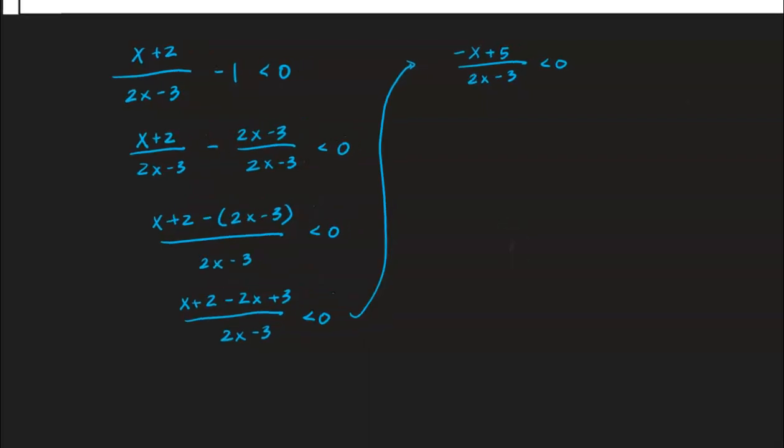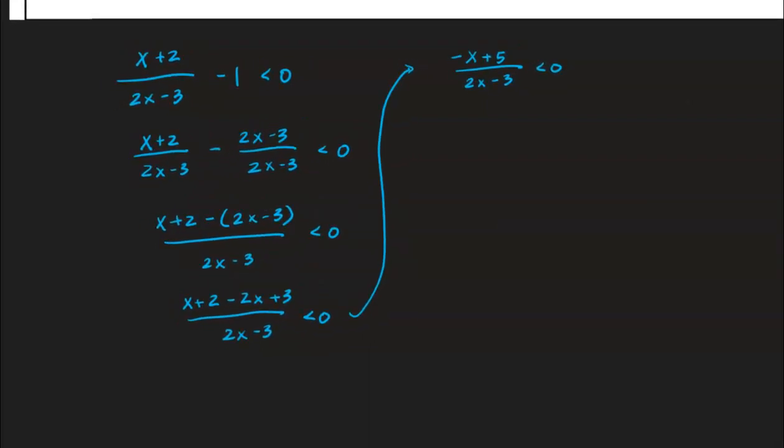So now once we have it as one fraction, we can figure out the critical points. Negative x plus 5 has to equal 0, that's one critical point, and 2x minus 3 equals 0, that's another. So x equals 5 and x equals 3/2.